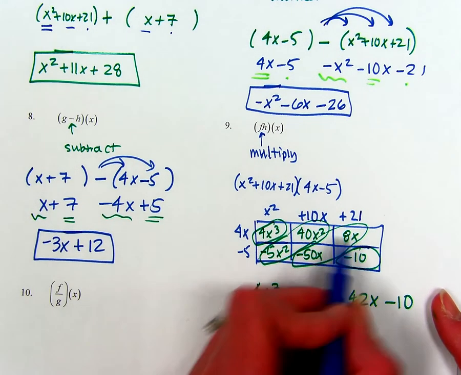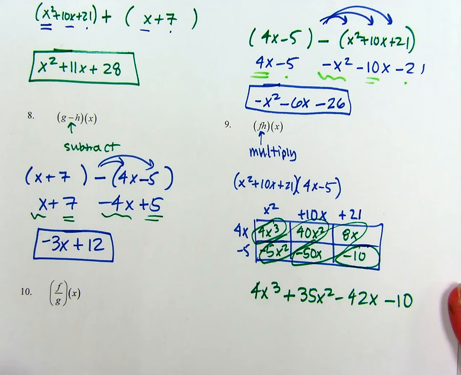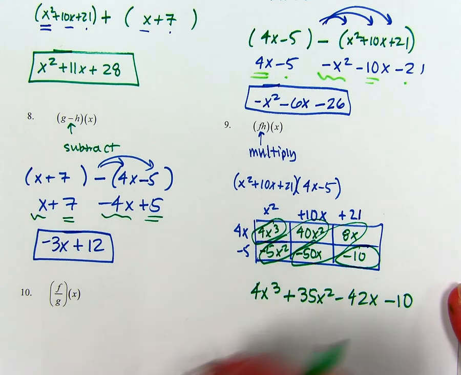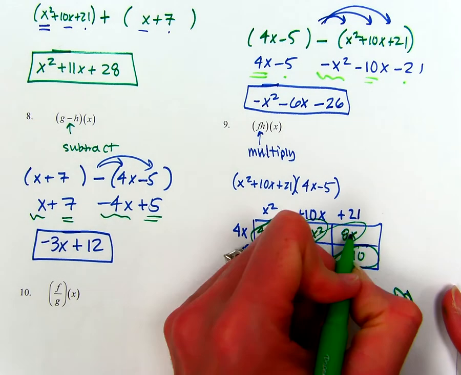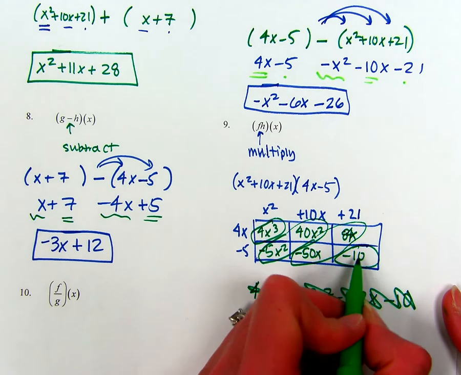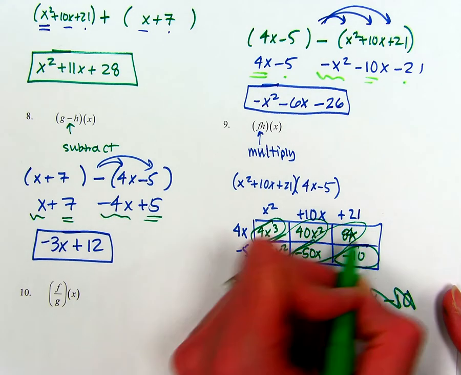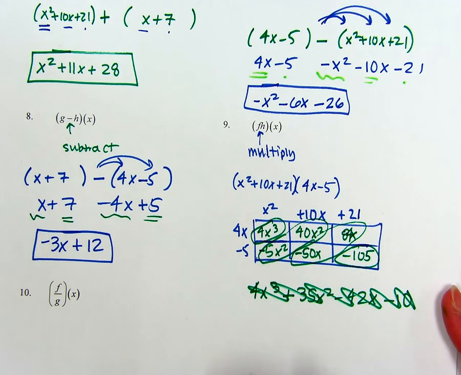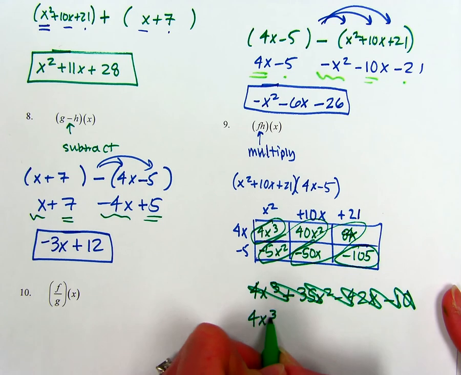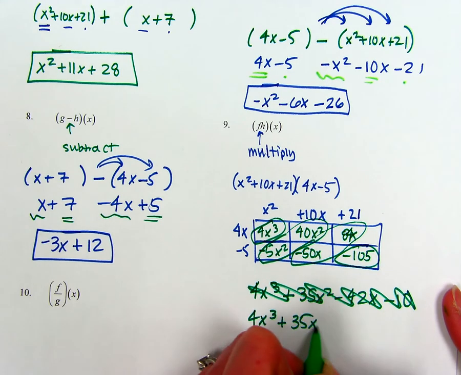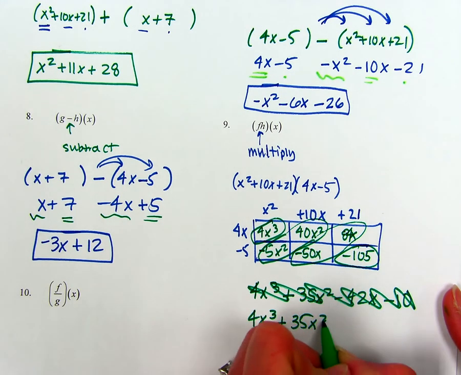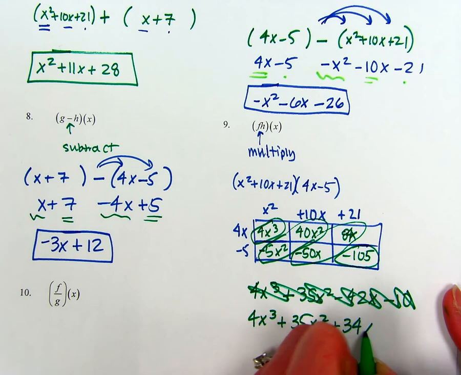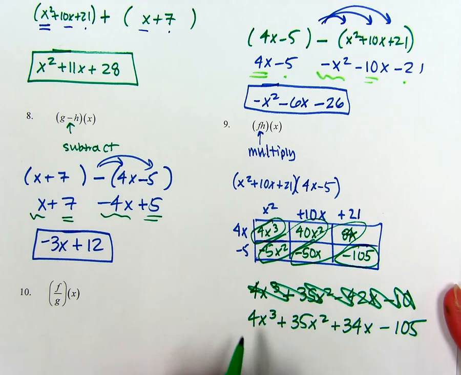All right, so this should be 84. This is 84x, and this is negative 105. Okay, so we got 4x cubed plus 35x squared. 84 minus 50 is 34. That's better. And negative 105. Sorry about that.